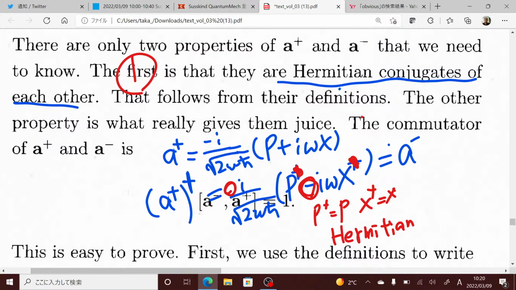The second property is what really gives them juice. The commutator of A plus and A minus is 1.